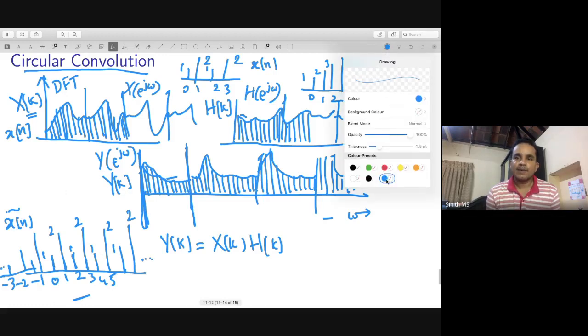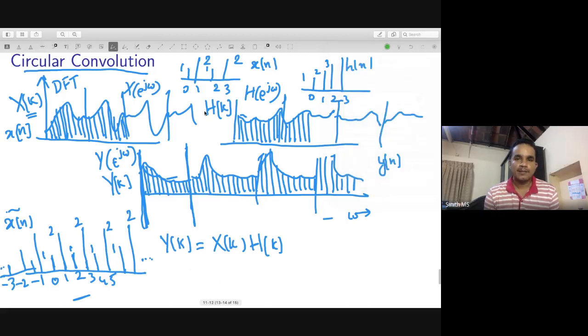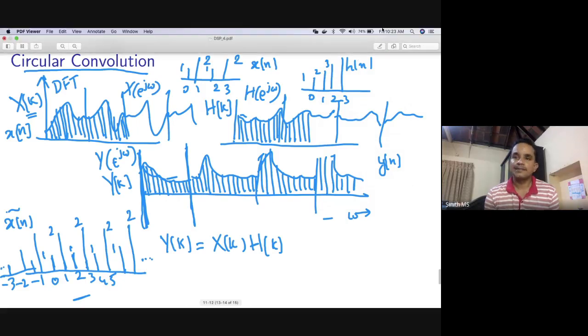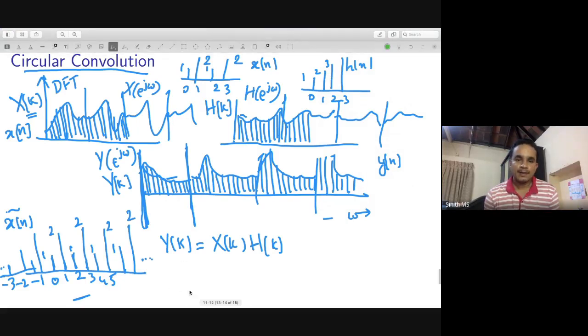And what about the other signal? You have 1, 2, 3, 4. This signal is also there, right? You have 1, 2, 3, 4. This signal also becomes periodic as we discretize this H of k.